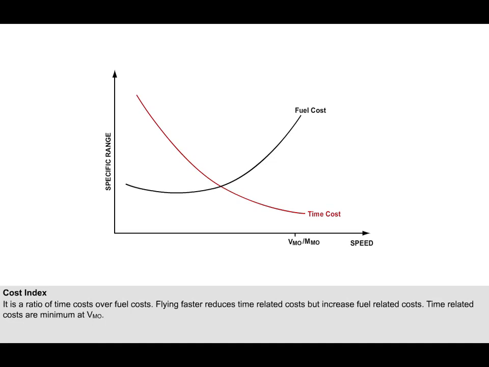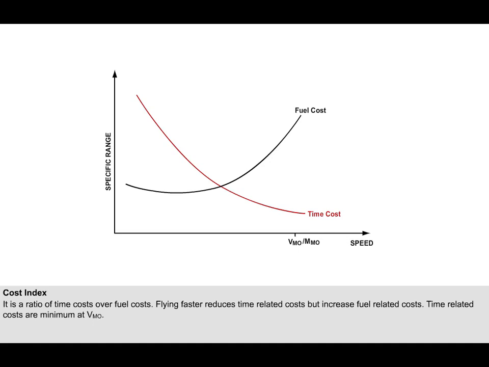With time-related costs, the faster the aircraft is flown, the more money is saved in time costs. This is because the faster the aircraft is flown, the more miles can be flown for time-related components. It also means that more miles can be flown between inspections when considering maintenance costs.